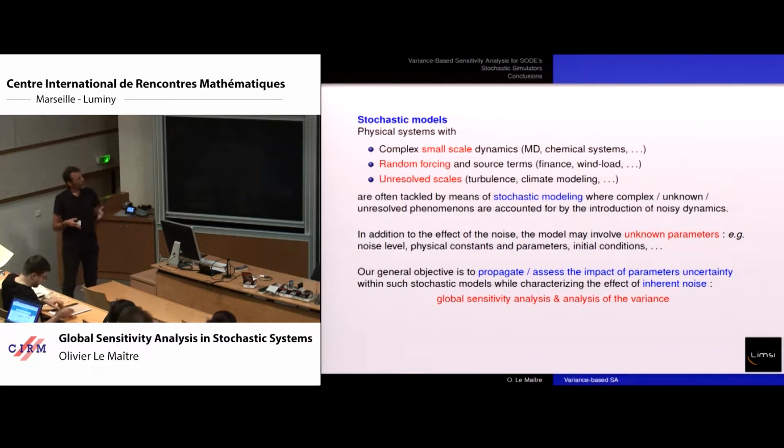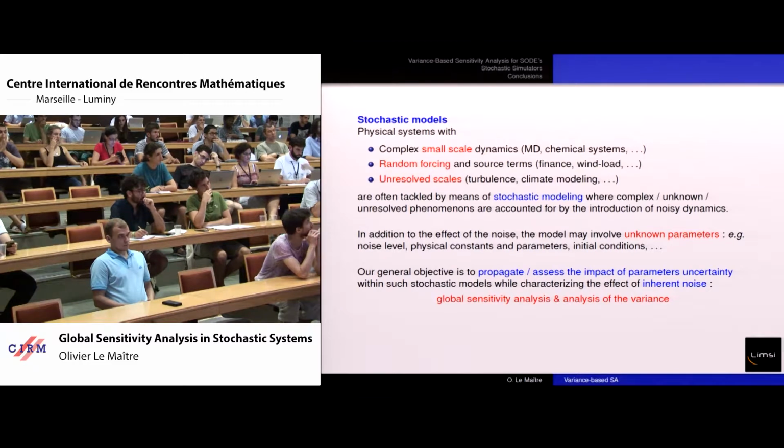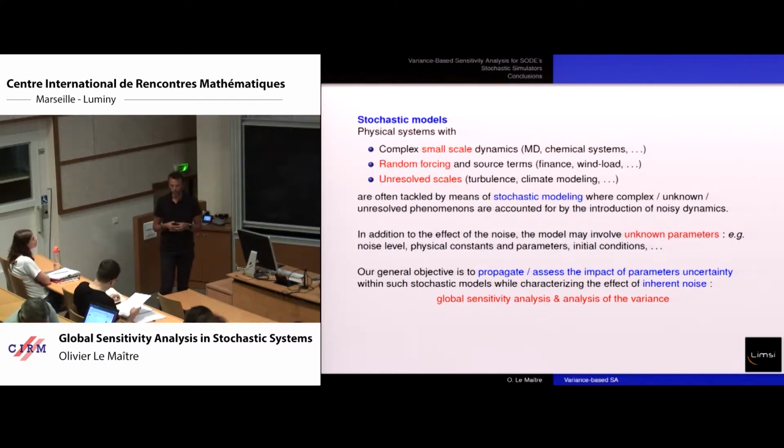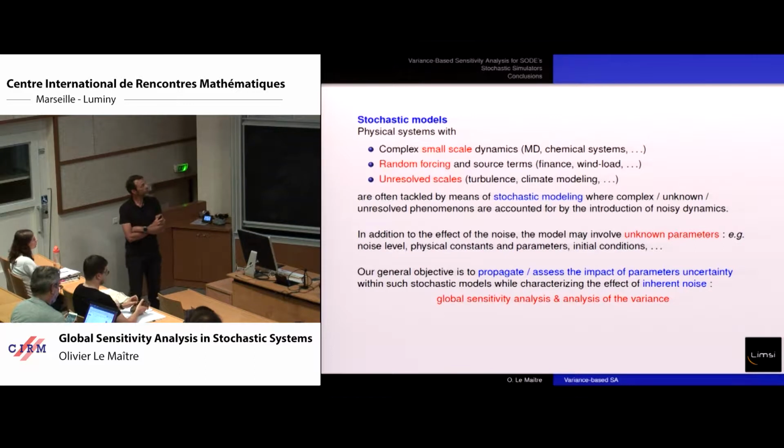But in many situations, the model itself is not deterministic. Okay? So it's not that we have parameters that we don't really know which value to give, but the dynamic, the evolution of the system in time is truly stochastic. So we have some inherent stochasticity. So many physical systems have these situations.